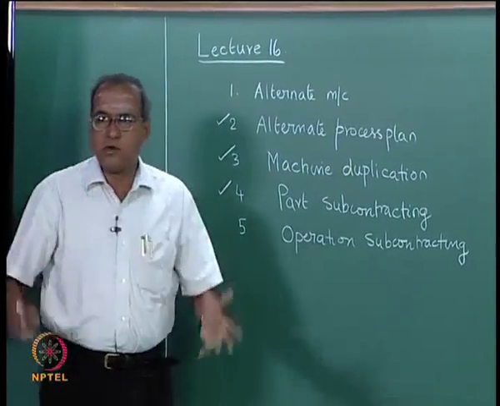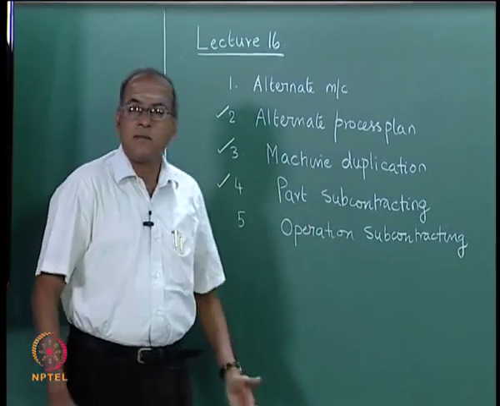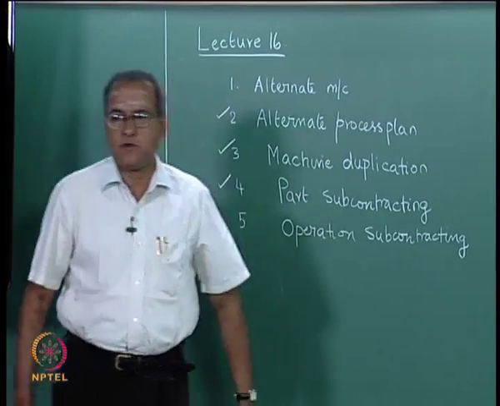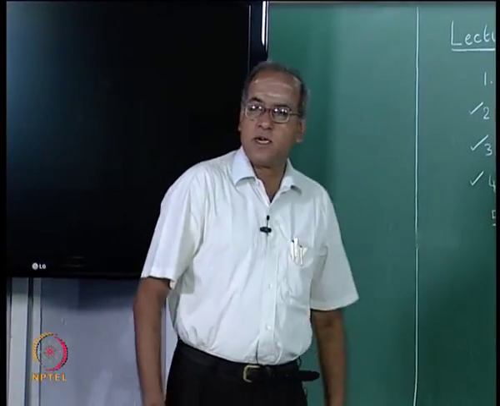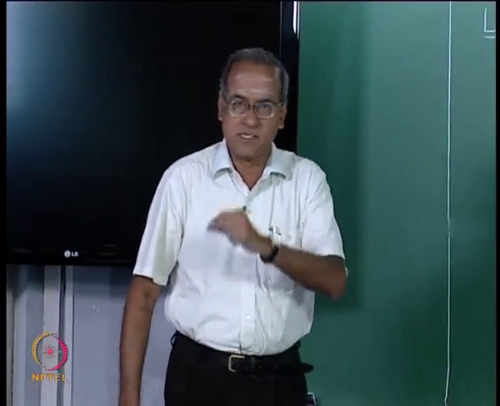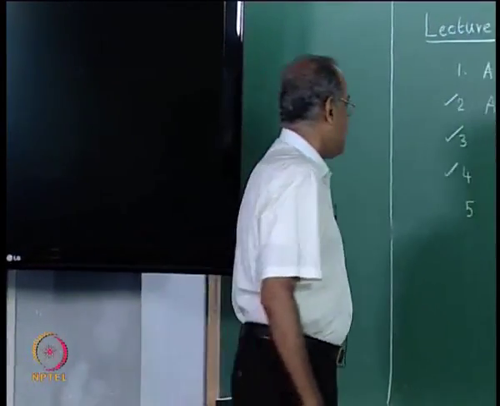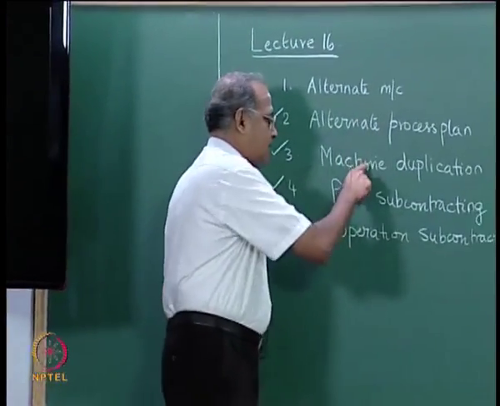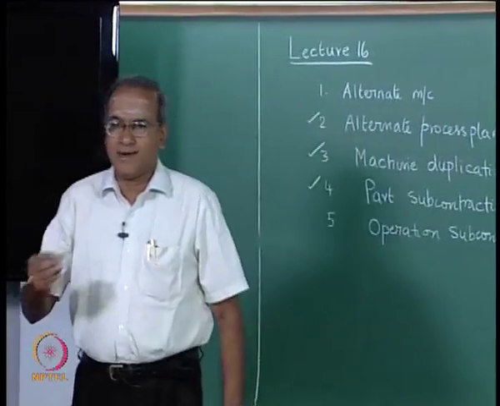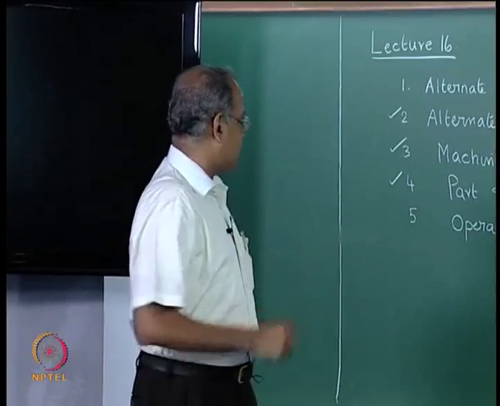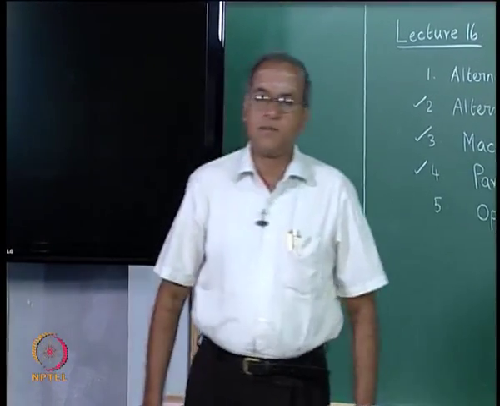The final solution also gives us a feel of what are the components for which we have to look at alternate process plans, as well as what are the components or parts that can be subcontracted and machines that can be duplicated. But we will look at these 3 in a little more detail and try to formulate problems that will address the issues of alternate process plan, machine duplication and part subcontracting.